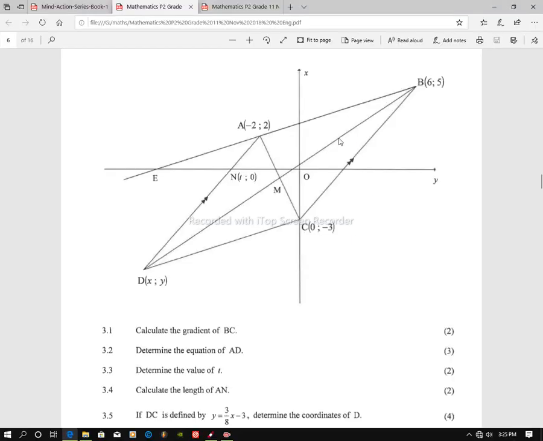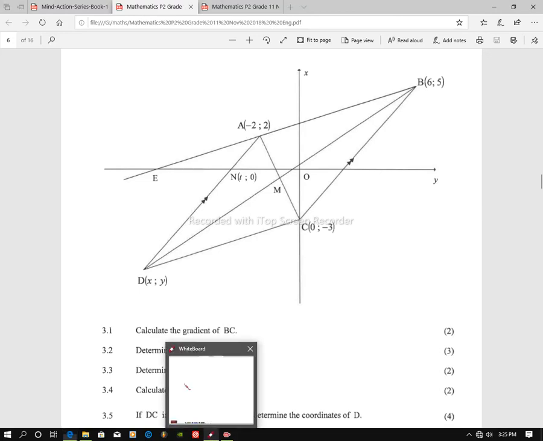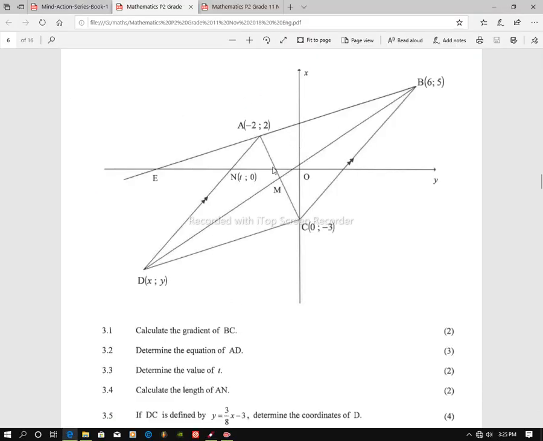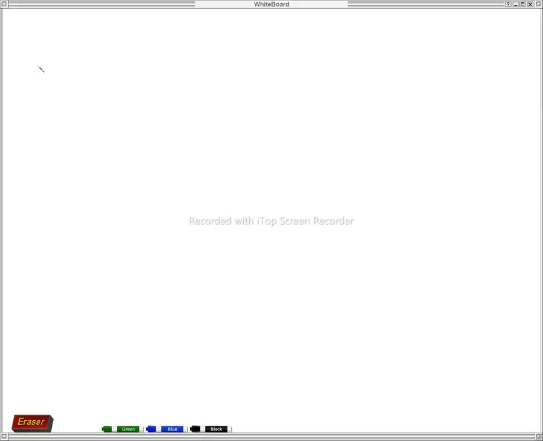Let's check the next question. They want the length of AN. So let's go to the board, question 3.4, the value of AN. Analytical geometry is easy, guys.